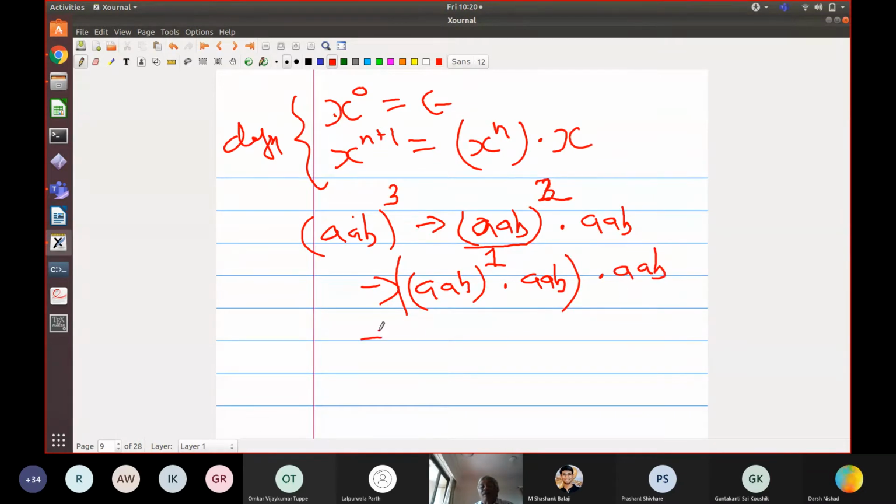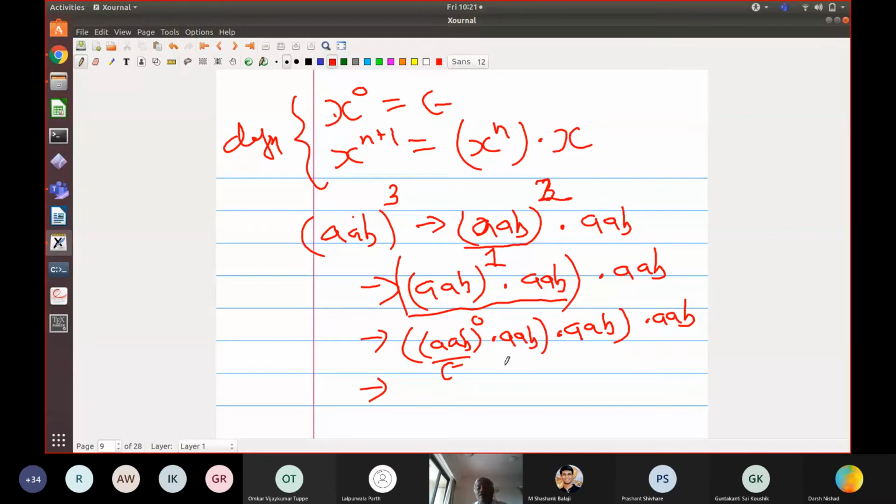So the computer will expand it like this, and then AAB to the power 1 will actually expand to AAB to the power 0 catenated with AAB. This catenated with AAB will give me this bracket, and that catenated with AAB will give me the full string. Now I know that AAB to the power 0 is epsilon, so I can replace epsilon here, and epsilon catenated with AAB will give me AAB.